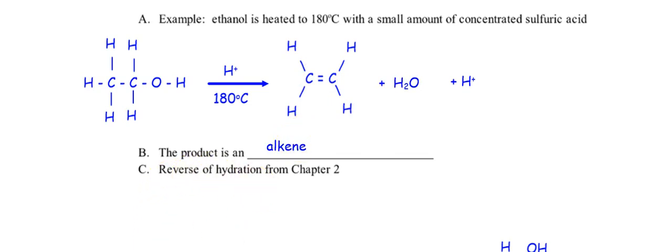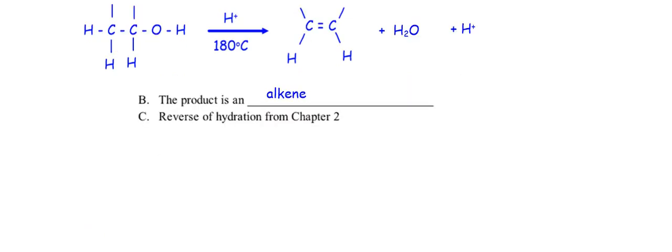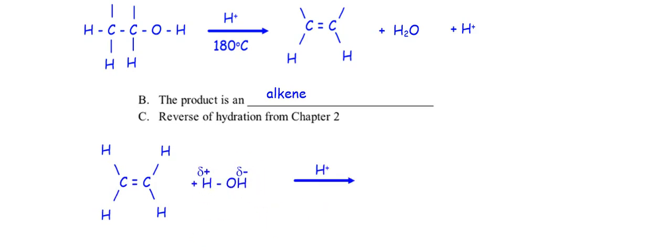But the alkene, keep that in mind. Now this is a reverse of the hydration from chapter 2. Do you remember what chapter 2 was all about? It was all about alkenes. So if I start off with ethene, remember what happens when I add water? Oh, by the way, I also need an acid catalyst, and there it is. And what am I going to get? Do you remember what happened? Remember, my partially positive hydrogen is going to go, oh, look at the electron buffet.